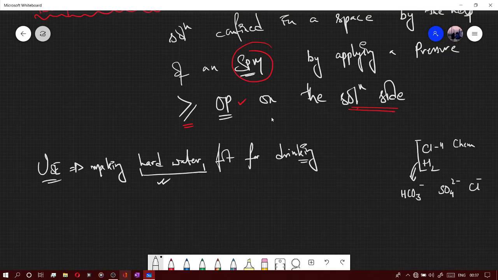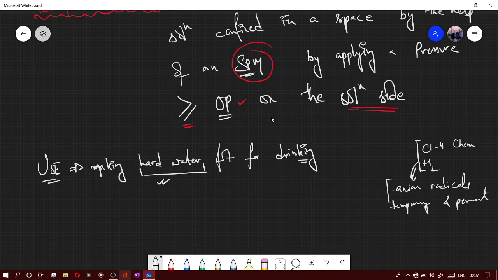I don't remember this exactly, so let's skip it. Say for some anion radicals, water was made hard. Now there were methods to convert temporary hardness and permanent hardness of water.